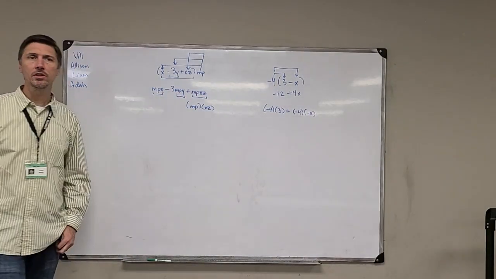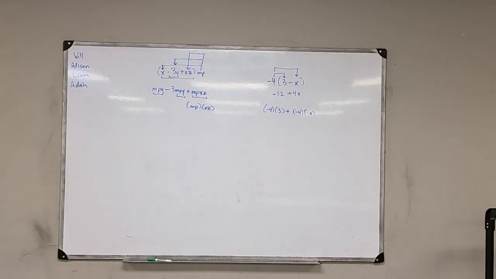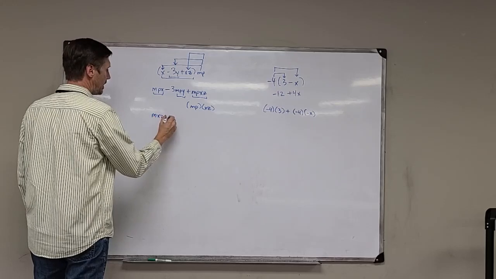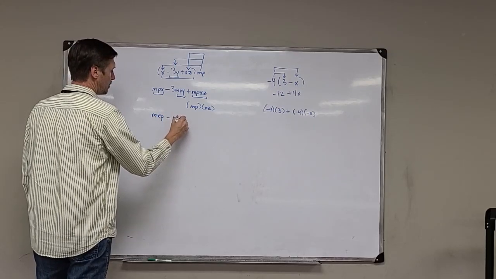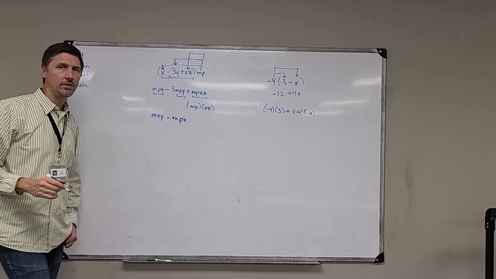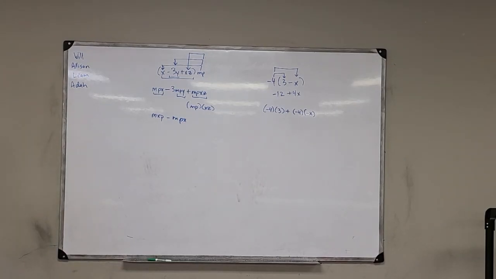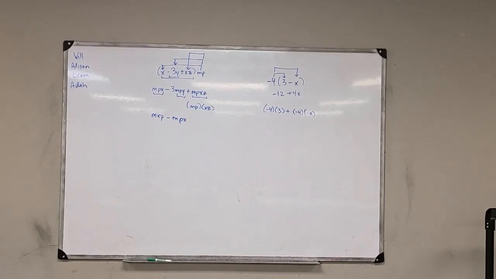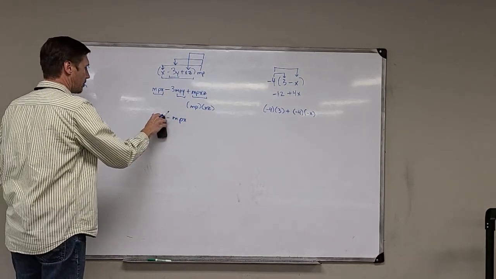And that's why I like to put the variables in alphabetical order, because if you wrote this first term here MXP, and maybe the second one was MPX, it might not be obvious to you that they're really like terms, but they are, because if we put them in alphabetical order, which we said we're allowed to do, they have the same variables in them, right?